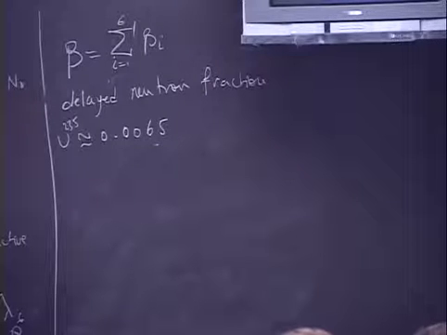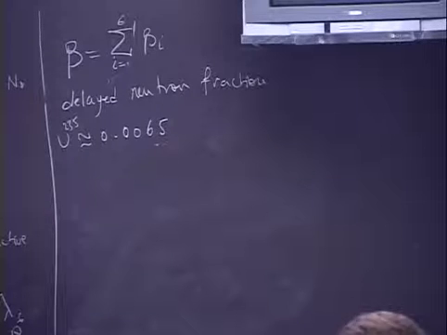6.5% of the million will show up as delayed. They will show up after; they will not come promptly from the fission. 93.5% of the neutrons will come out as prompt, and 6.5% will show up later. Later means from a fraction of a second up to 57 seconds or a minute. It depends on the fuel that you are using.